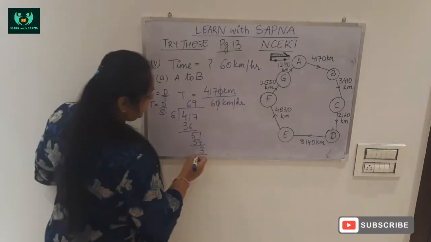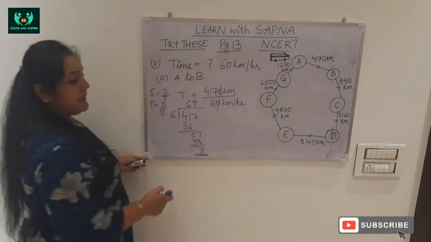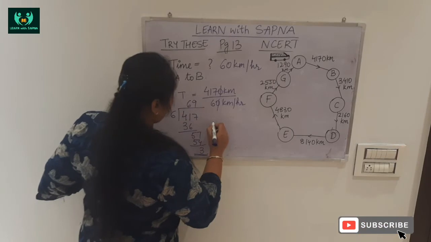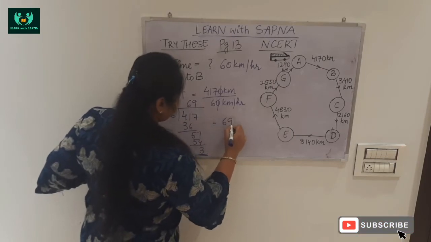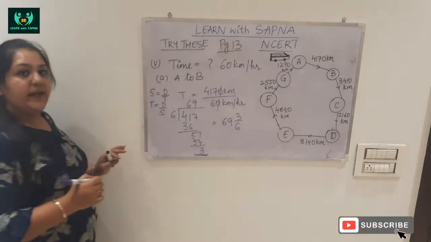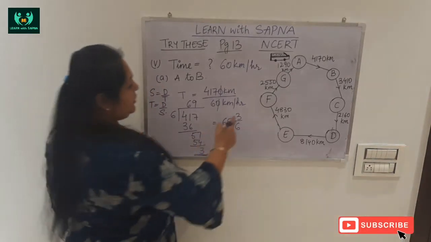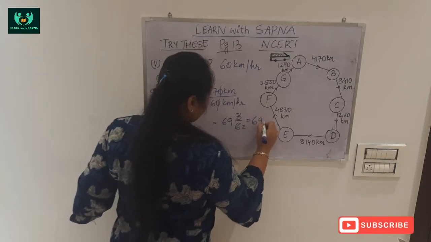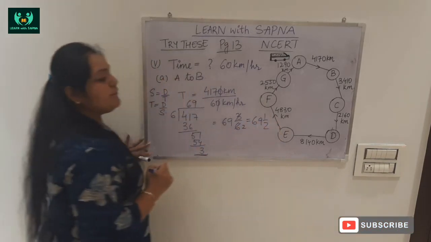Right? So we are left with the remainder 3. What is 3? If we write this in fraction form, what will happen? It will be written as 69 and 3 by 6. Right? This is how we will write the division. Now 3 by 6 again will go half. So this becomes 69 and a half.